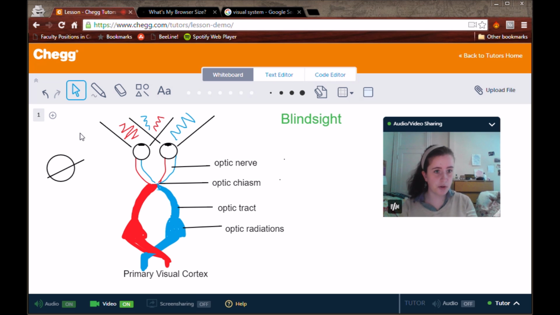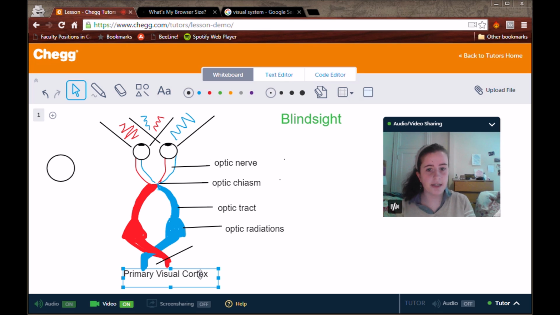But here's what's so interesting about blindsight, is that you would think, well, if this is cut, then you can't receive any information from the left side of the body. It's a done deal. They can't perceive anything. But it turns out that that's not true.